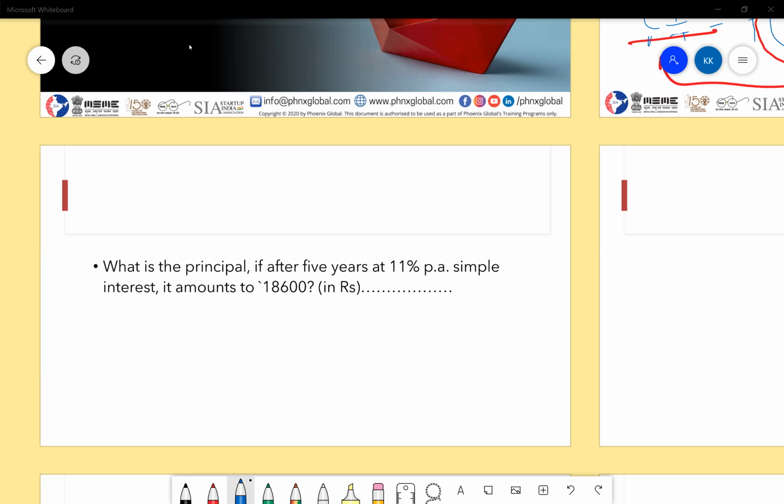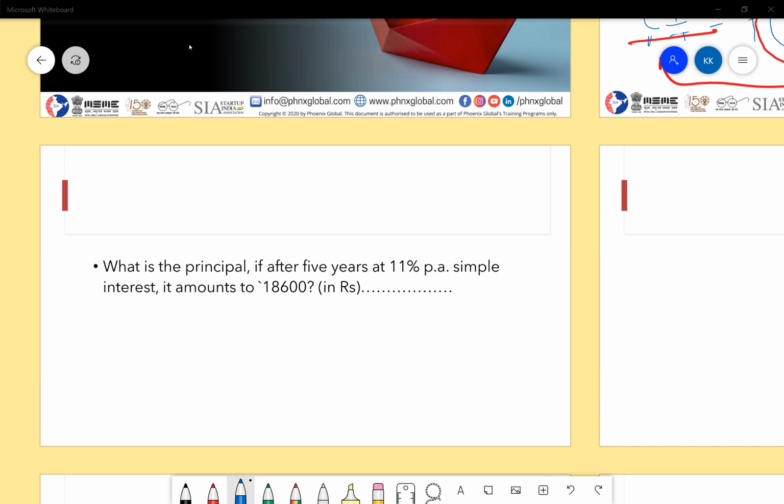So in 5 years, 11, 11, 11, 11%, will you get 55% as the simple interest? So after the actual principal is added to it, if we take the principal as 100x, will you get the total amount calculating the interest as well as 155x? That is basically 18,600.